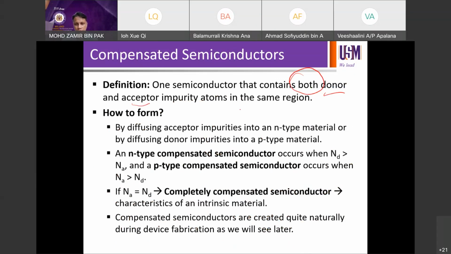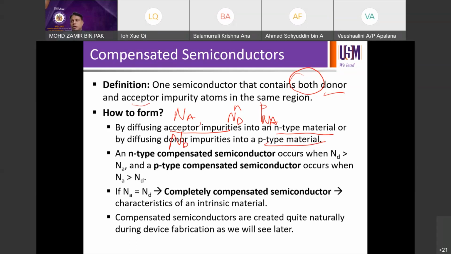So that means, say you have both N-type and P-type in the same region. Okay, at this point you can say you have ND and NA in the same region. So how is this happening? How to form that? This can be formed by diffusing acceptor impurities. Acceptor impurities means NA, right? NA, which means P-type. You want to incorporate more P-type dopants into an N-type material. Okay, into an N-type material, or by diffusing donor impurities, or by diffusing ND into a P-type material.